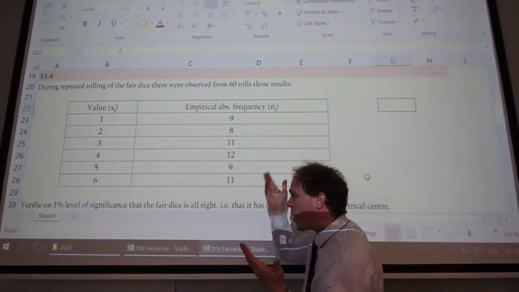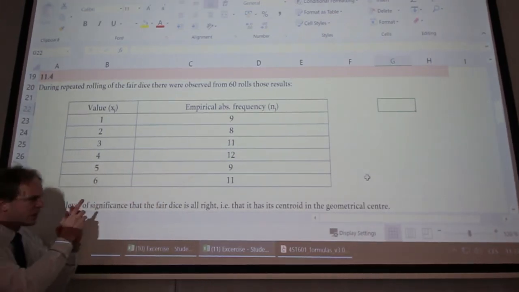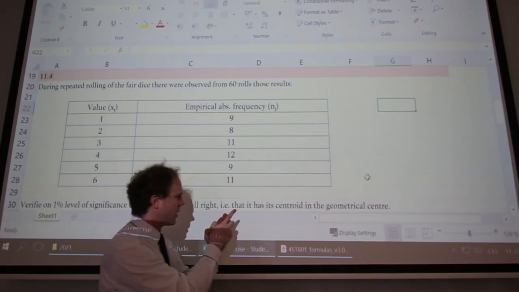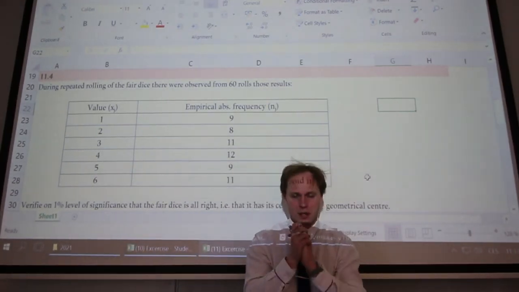And we would like to verify at the 1% level of significance that the fair dice is alright, meaning that it has its centroid in the geometrical center.